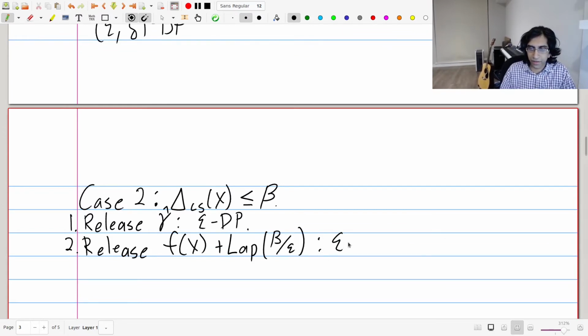If you do the calculation, because the local sensitivity of f at this point x is bounded by beta, you can see that this is epsilon differentially private. You might be wondering why this doesn't contradict what we did before. Well, before we plugged in the local sensitivity, which was obtained non-privately, and that caused the problem because it could reveal some information. But the post-processing guarantee of differential privacy is very convenient.